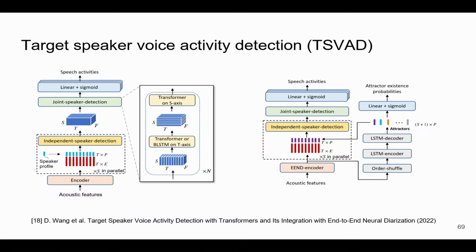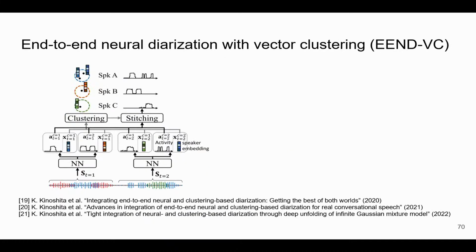Of course, I will not cover everything, so it's just one example. And then we move to end-to-end neural diarization with vector clustering, which is nowadays probably the most popular, best approach, if you can combine these 2 things. If you want to get state-of-the-art results, you would probably go for something like this nowadays.